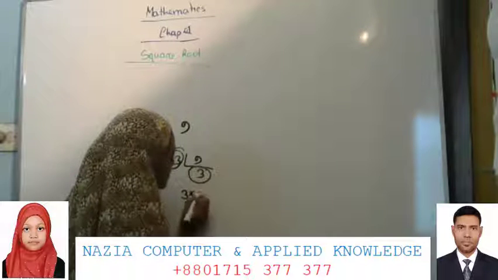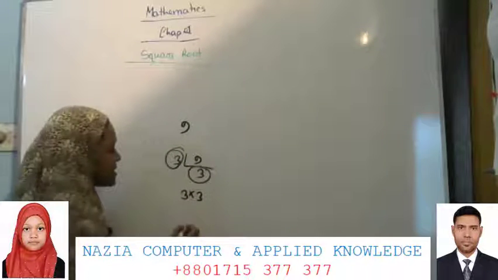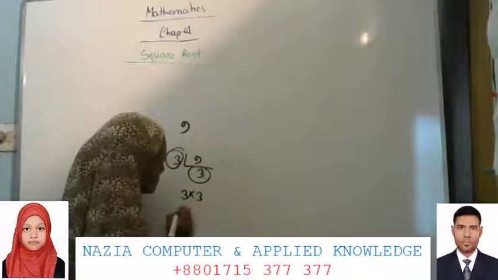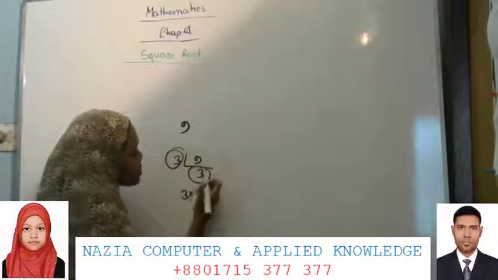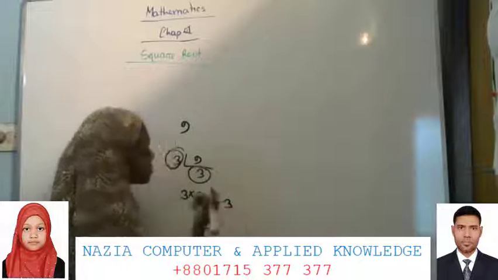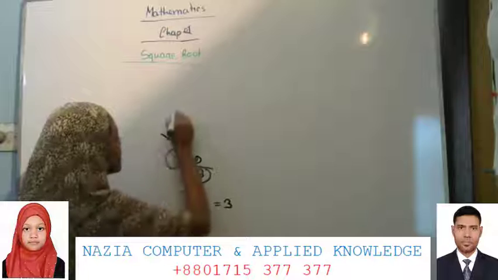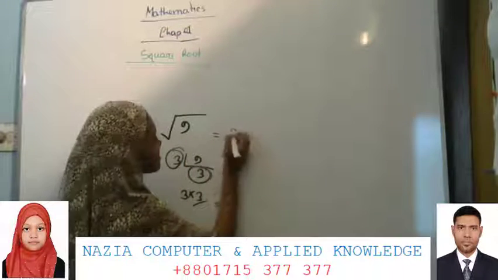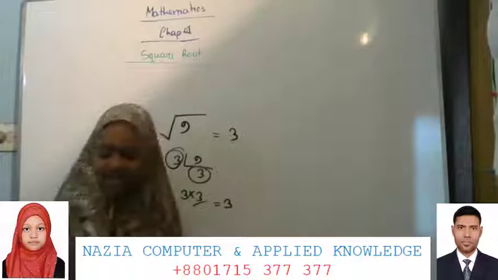So they have pairs, and we will take 1, that is 3. So again the square root of 9 is 3, as simple as that.